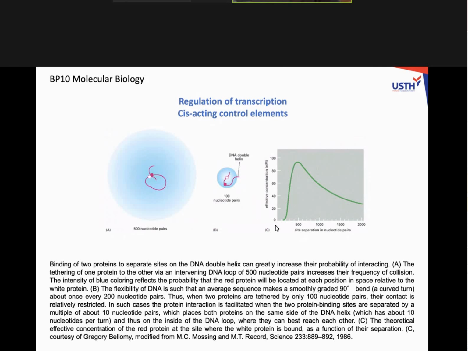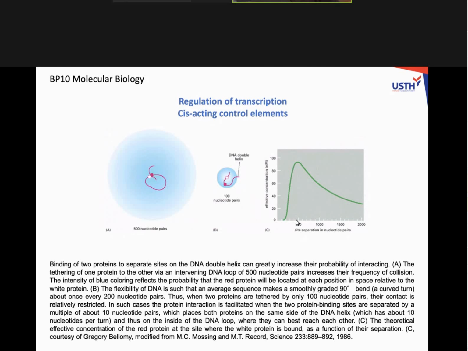So if you had to analyze this graph, it means that we are checking for the probability of contact according to the distance that separates the two objects, the red and the white. We are going to talk about this a little bit after, because it's very complicated and very interesting.